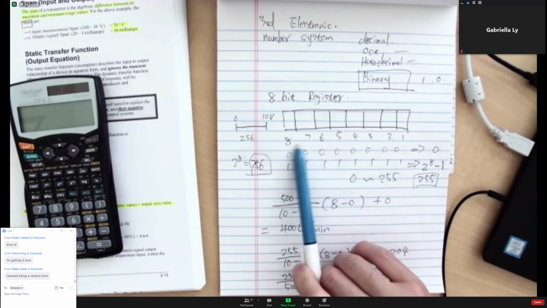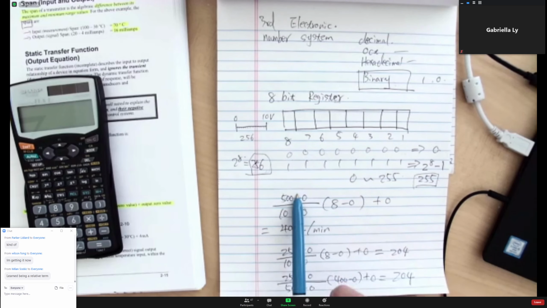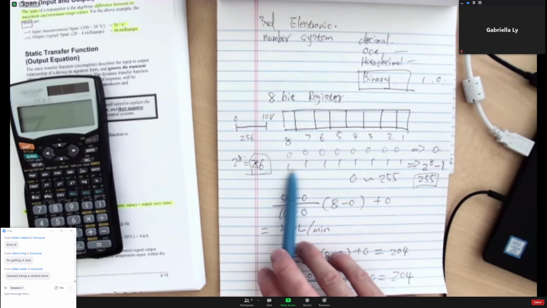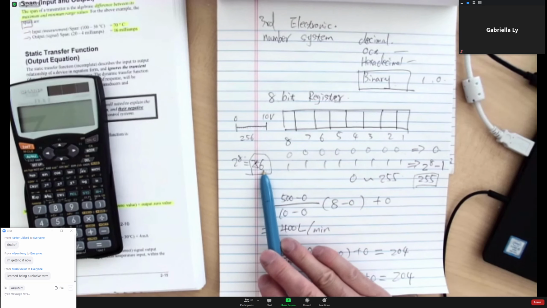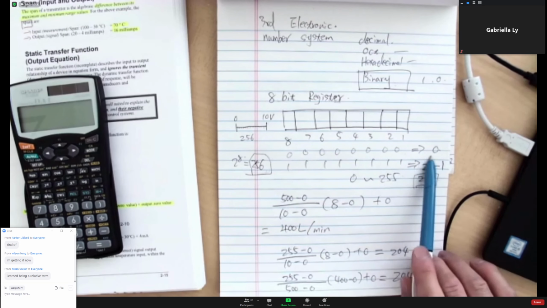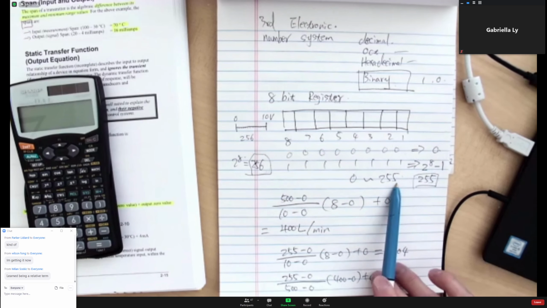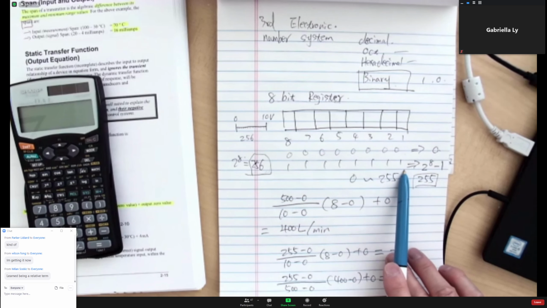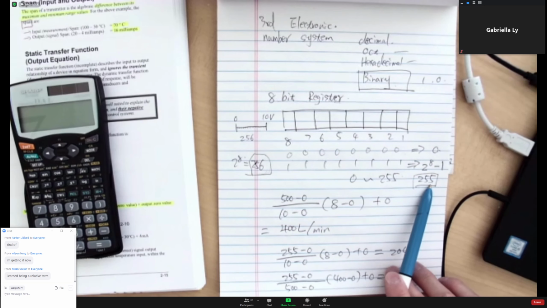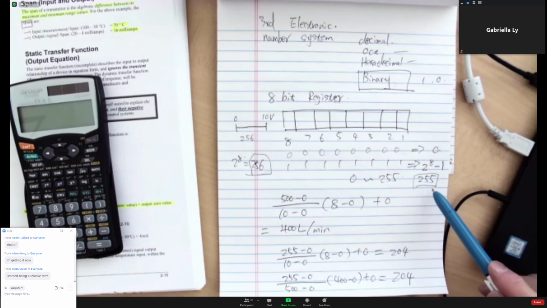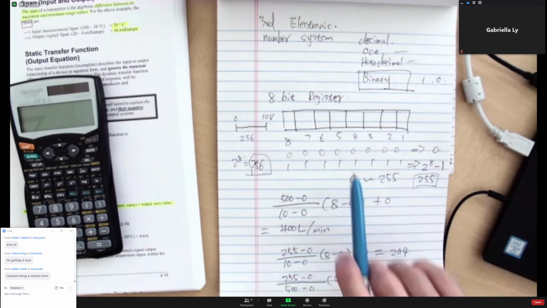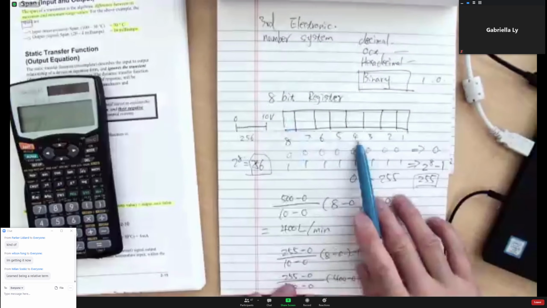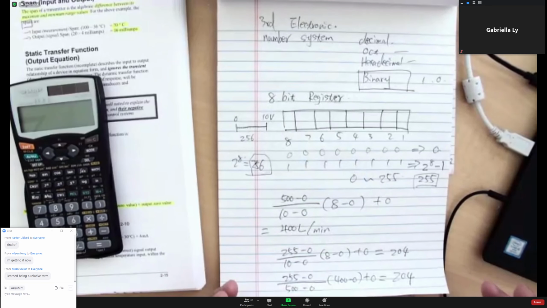So for this 8-bit, you can have a total of 256 different numbers in there, but your minimum number is 0. So your maximum number is when you put in all 1s, which gives you 255. So 0 to 255, you can consider this a different range.